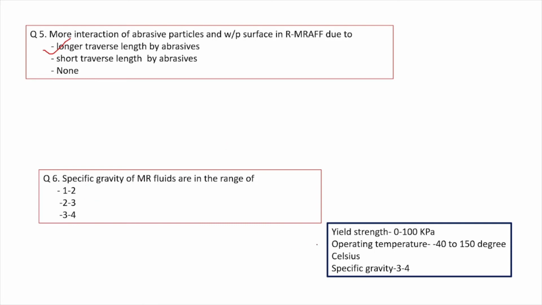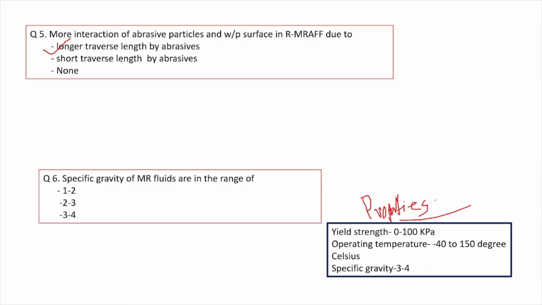Now we have to know a few properties of MR fluids. As we have seen, carbonyl iron powders are used in MR fluid. Those are the properties of MR fluids, where the yield strength will be in the range 0 to 100 kPa.